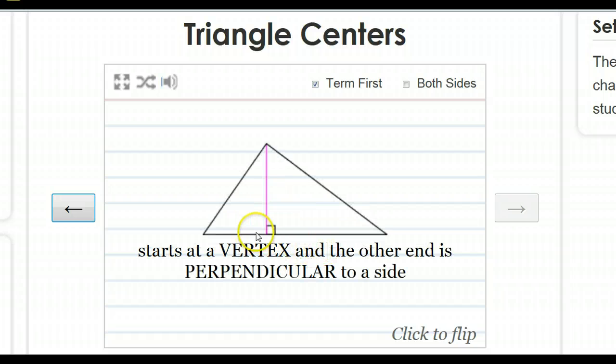An altitude starts off at the vertex, but then the other side has to be perpendicular. Alright, so it goes from vertex to perpendicular. Alright, that's it for the flashcards. If you were getting a bunch of those wrong, or if you're really getting any of those wrong, then you need to repeat that over and over again until you can get them right 100% of the time.